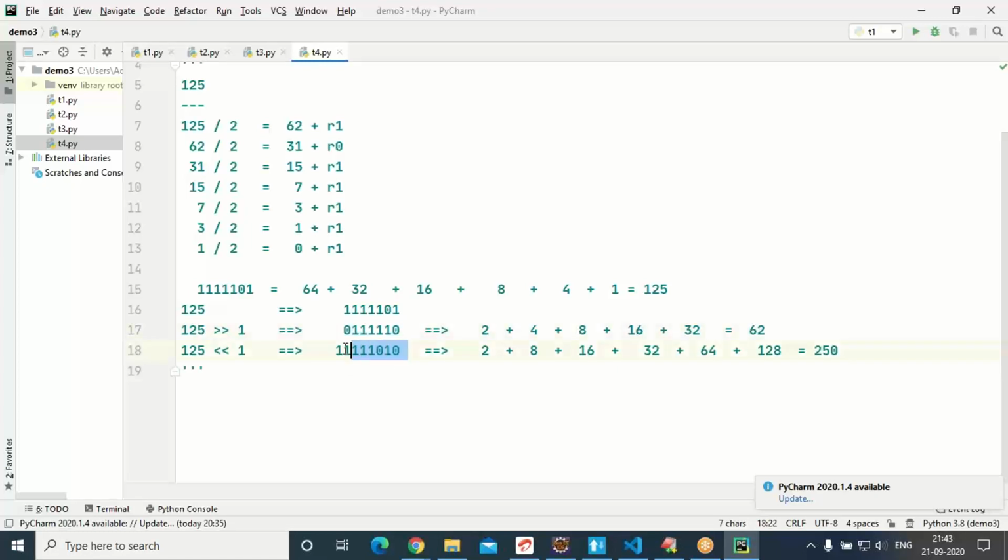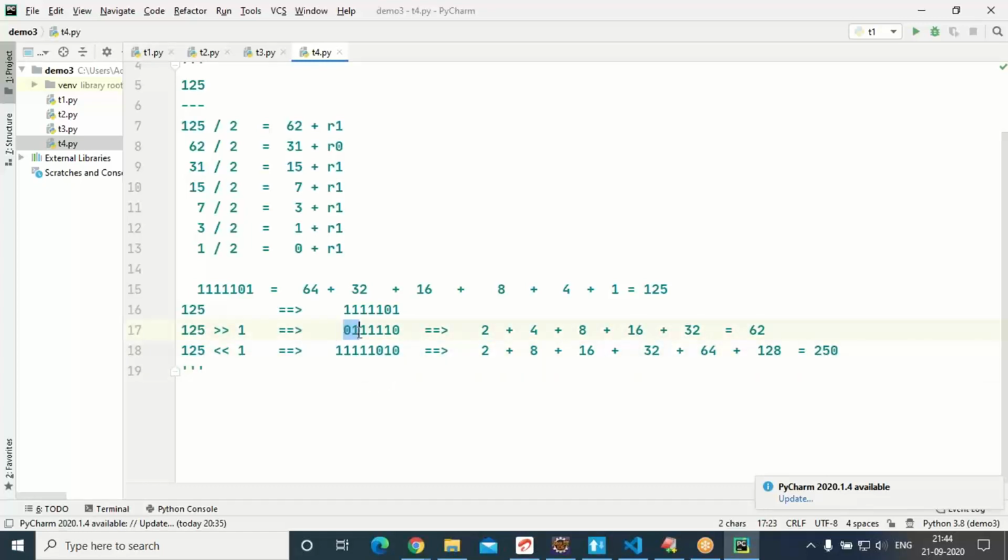Similarly, left shift by 1. While moving 1 to the left side, the current location of the 1 will be occupied with 0. This is left shift, and this is right shift.